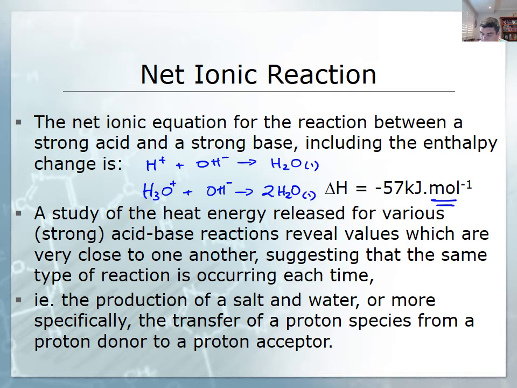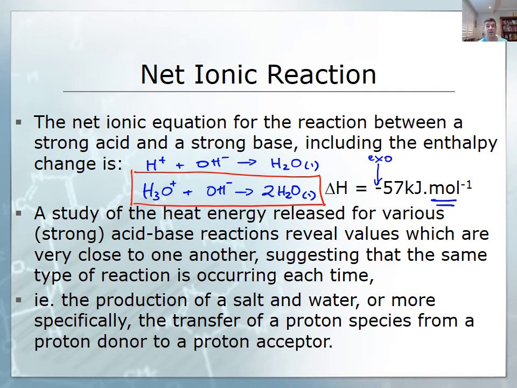Just remember, of course, that the delta H is a negative value, which indicates exothermic, and 57 kilojoules is per mole of water formed. When we study the heat energy for a range of different strong acid-base reactions, we find consistency in these values. And this suggests that this reaction is the one that's occurring all the time. So the actual nature of the acid and base doesn't matter.